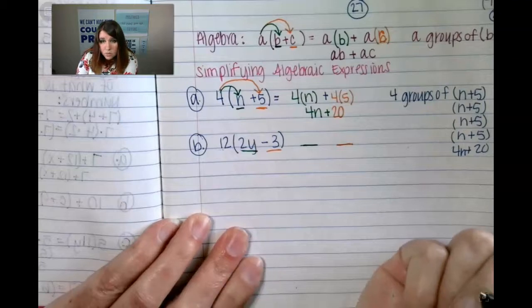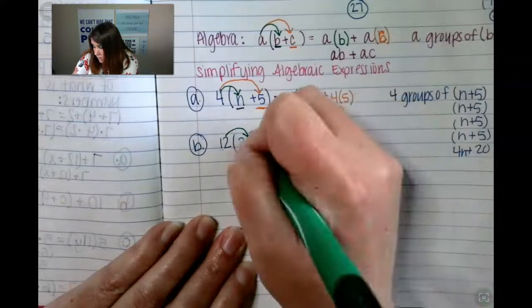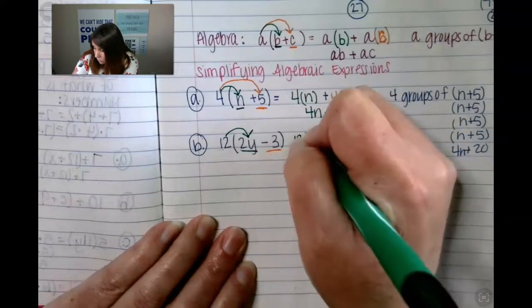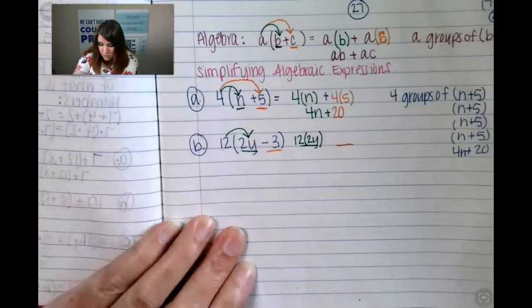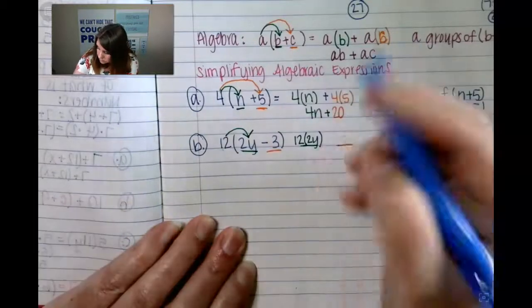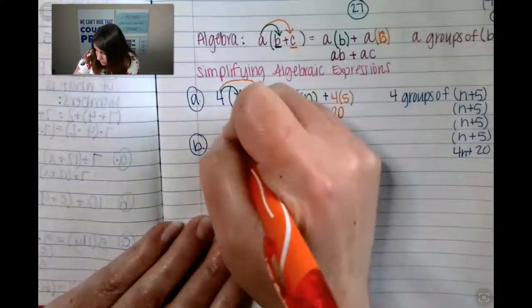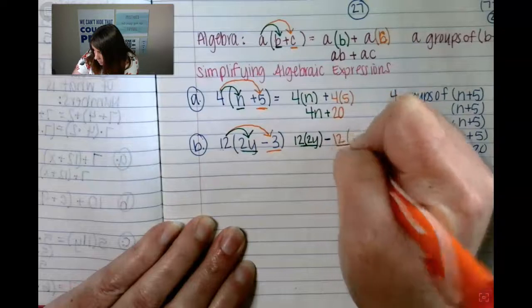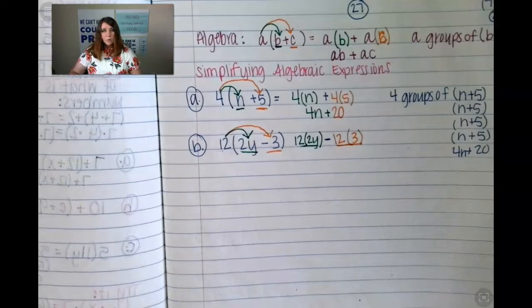Same thing, 2 arrows. 12 times 2y, 12 groups of 2y, minus 12 groups of 3.